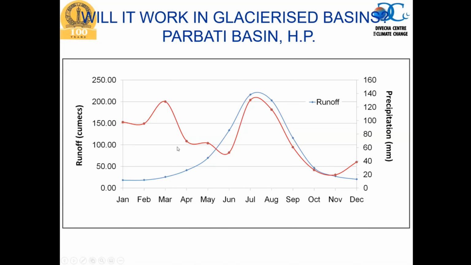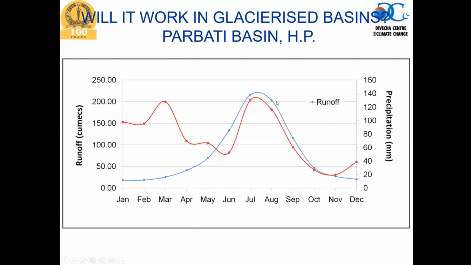You can see in the period of winter, that is January, February, and March, you have high precipitation and relatively low stream runoff. Subsequently, for some time, there is very low precipitation, but you have relatively high runoff.